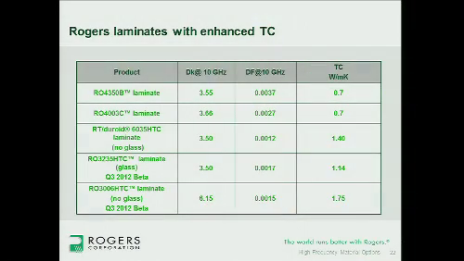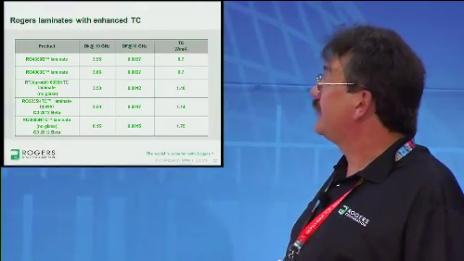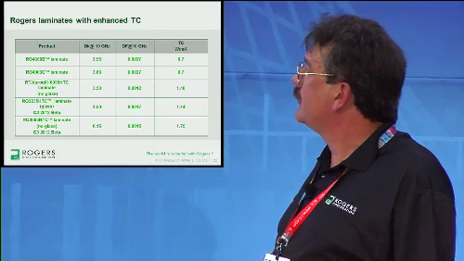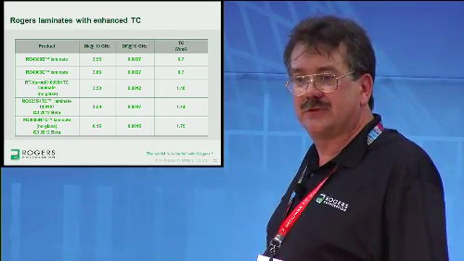So this is just to summarize the Rogers laminates with enhanced thermal conductivity. I said the 4350B and 4003C, even though the silica filler is not the highest thermal conductivity material, are substantially higher than most unfilled materials. Currently, what we have available is the RT/duroid 6035 with the 3.5 dielectric constant and 0.0012 loss.